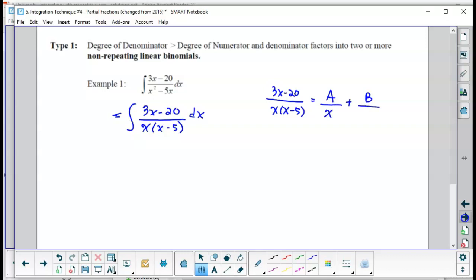Your neighbor might even use different letters, okay? It's a process. So now, that means if I multiply through by the common denominator, which is x(x − 5), this denominator goes away, the x's go away, and we're left with A times (x − 5). Then the x − 5 goes away, and we're left with B times x. Now you want to expand out the brackets. And group them.